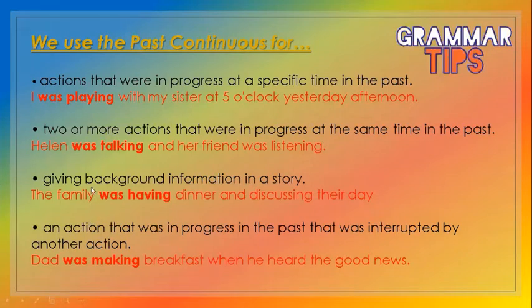Here we have the past continuous action, which is interrupted by another action, and here we use simple past. So we can use past continuous with simple past if there is an action that was in progress and it is interrupted by another action. So these are the uses of the past continuous. Good? Good.